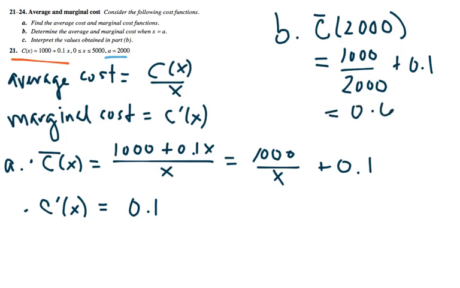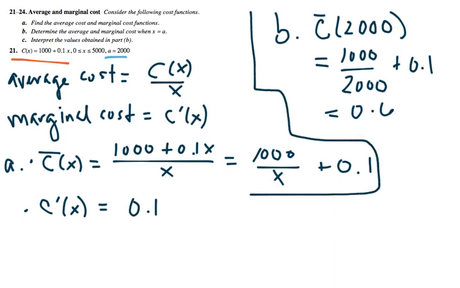Okay, sort of squeezing things in here. C prime of 2,000, well, it has no dependence on x. It's a constant 0.1. Okay, so the average cost when you have 2,000 units is 0.6. The marginal cost is 0.1.